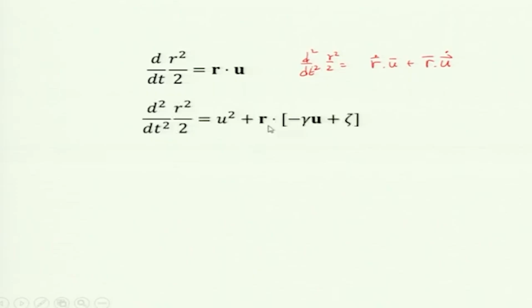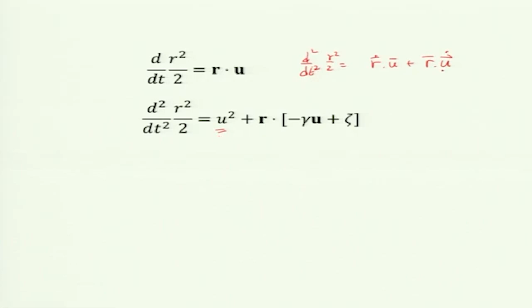You take another derivative. If I take another derivative, what will I get? d squared by dt squared of r squared by 2. So, r dot u plus r u dot. r dot is u, right. So, the first term in the right hand side becomes u squared, u dot u.